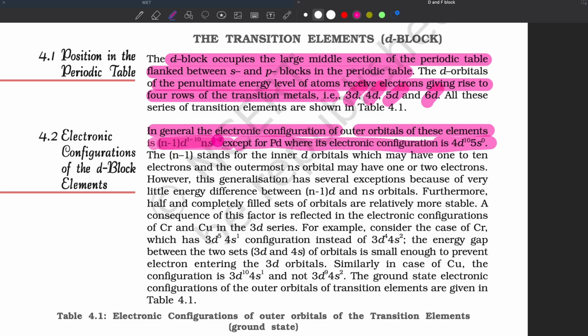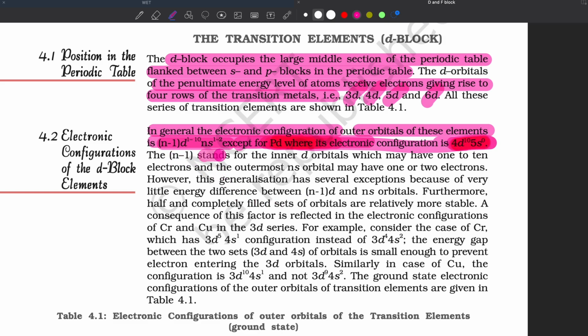Look, here palladium is specially mentioned. The general electronic configuration of these elements is this, right? So palladium is excluded. Palladium's electron configuration is 4d10 5s0.